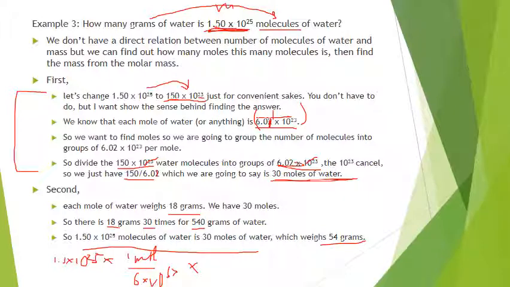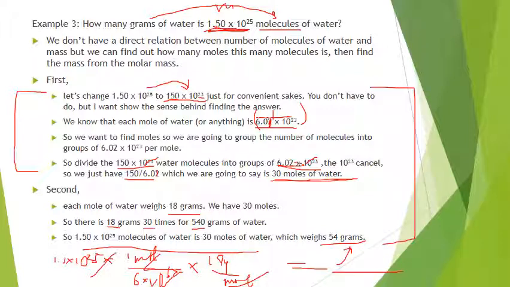And then the second part is you take this answer here and multiply by 18 grams per mole, and you get the answer. Here the molecules will cancel out, moles will cancel out, and you end up with grams. So this is thinking of it conceptually, and this is doing the dimensional analysis.